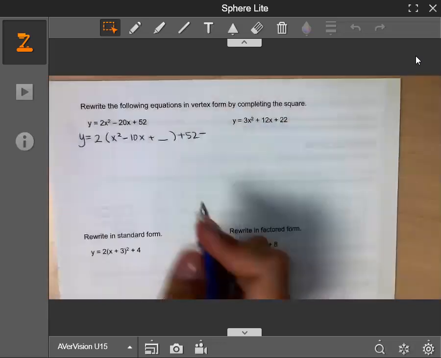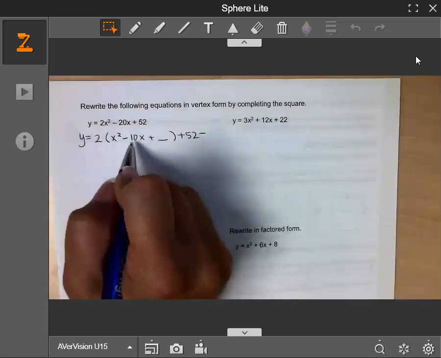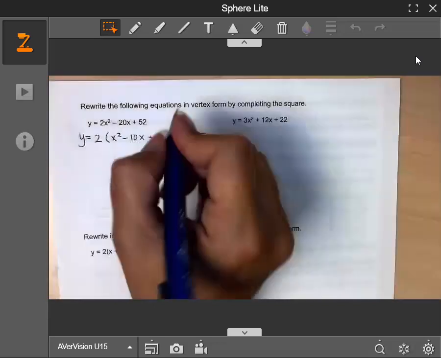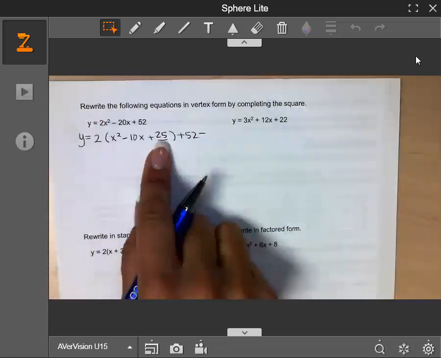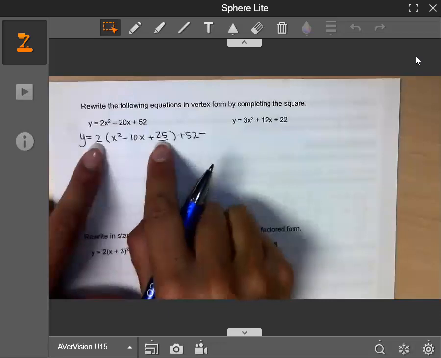Now the reason why this one takes a little more thought is because when we take this middle term and divide it by 2, so -10 divided by 2 is -5, squared is 25. Now I did not just add 25 to the equation. I added 50 to the equation because that 2 is going to end up multiplying times that 25.